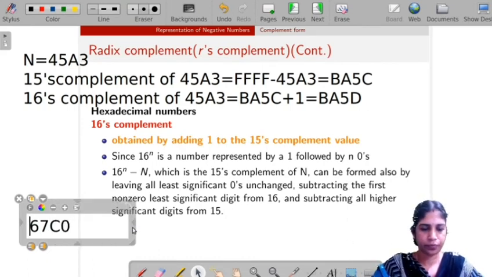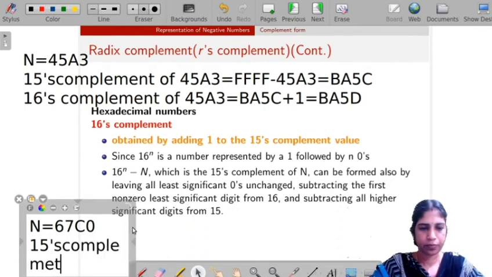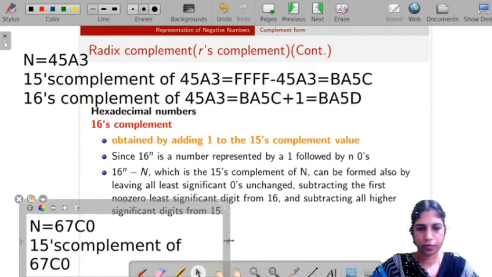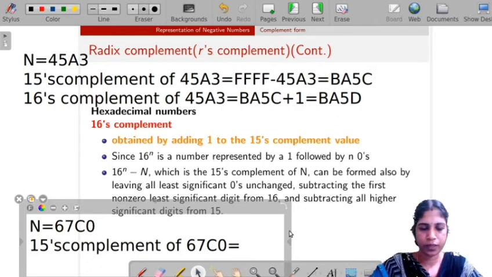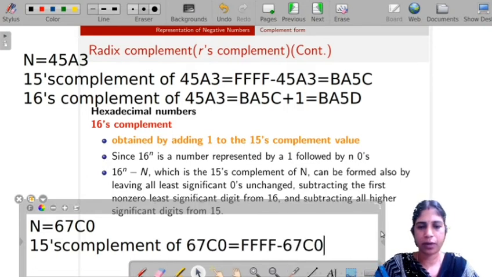First we find out the 15's complement of 67C0, which is obtained by subtracting the given number from FF.